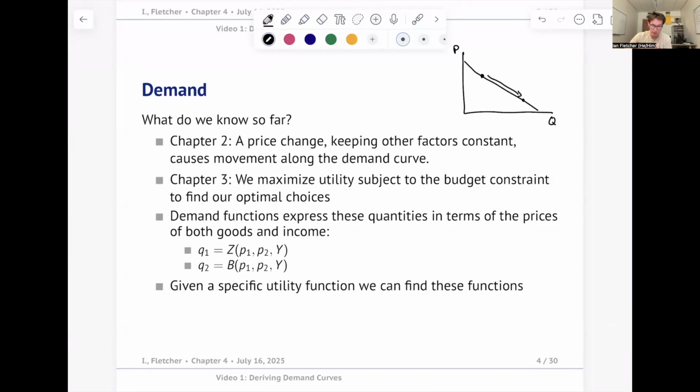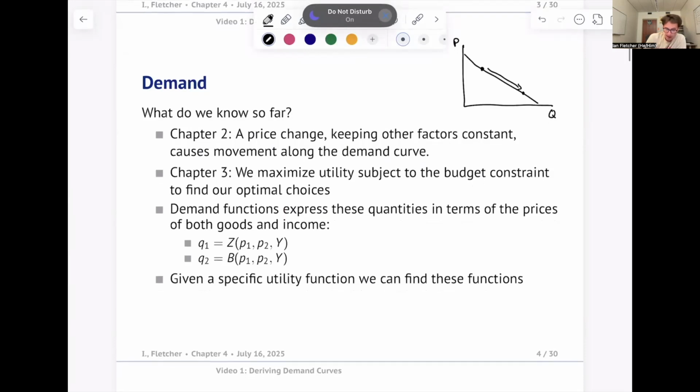And then we also said that we could define a demand function in terms of our 2 goods. So quantity 1 is a function of both prices and income, and quantity 2 is a function of both prices and income as well. Given a specific utility function, we should be able to derive the demand functions.